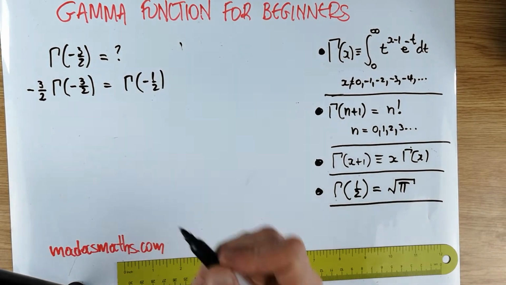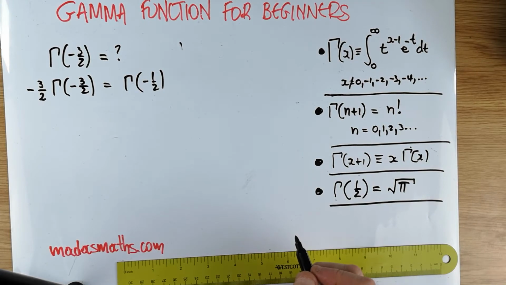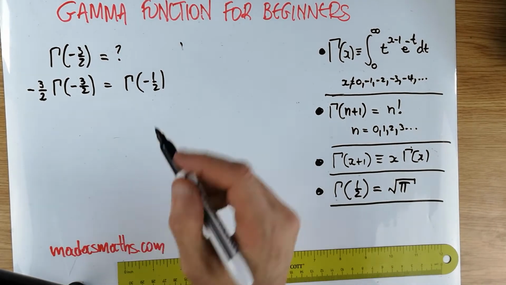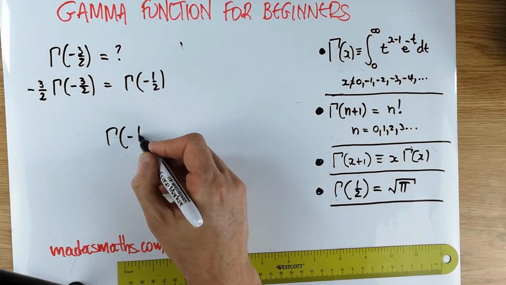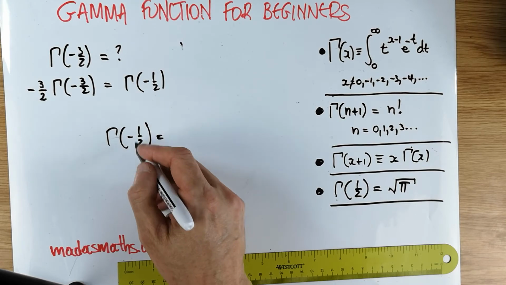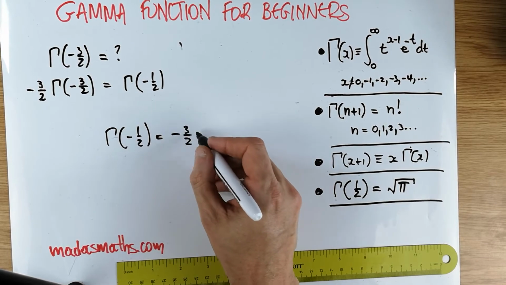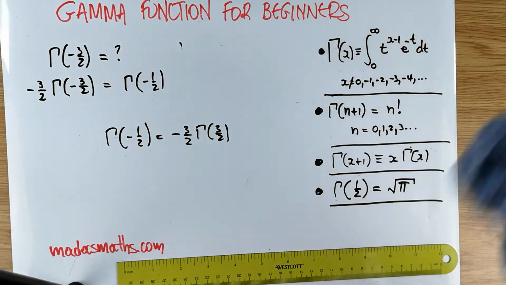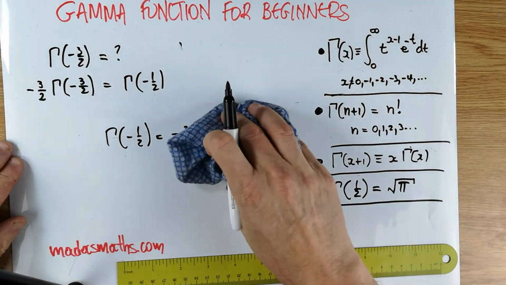Perhaps I should have written it back to front. Shall I write it now, or are we following that? So if I had the gamma of -1/2, I'd be going down now from -1/2 to -3/2 times the gamma of 3/2. I wrote it back to front, so that is definitely a correct relationship.